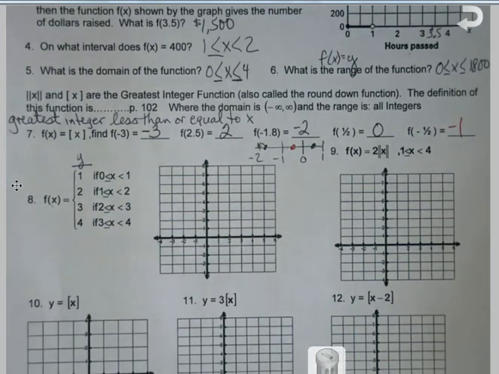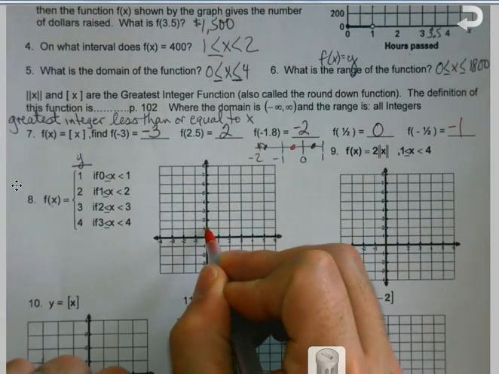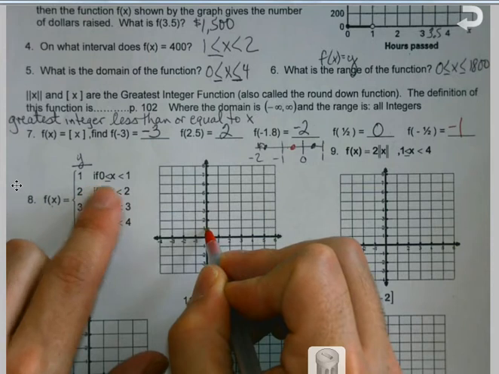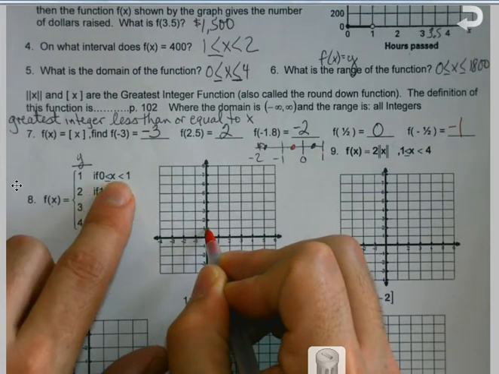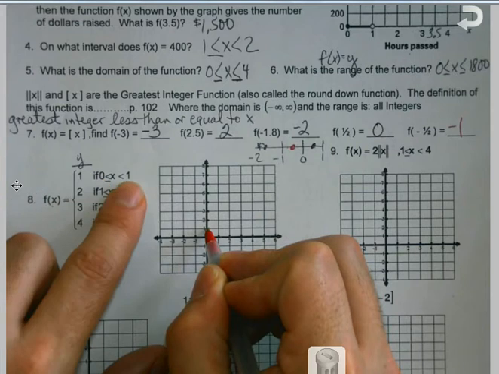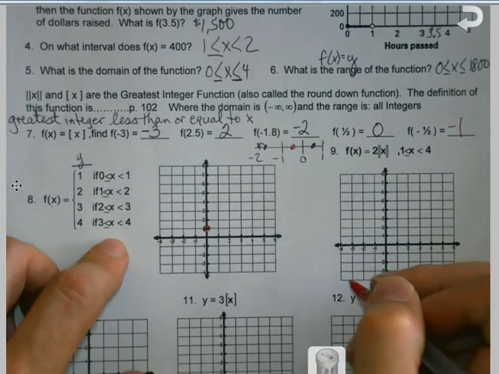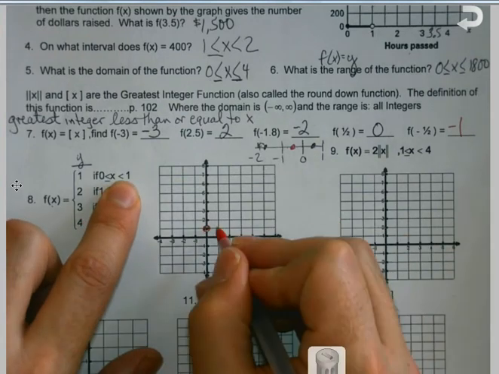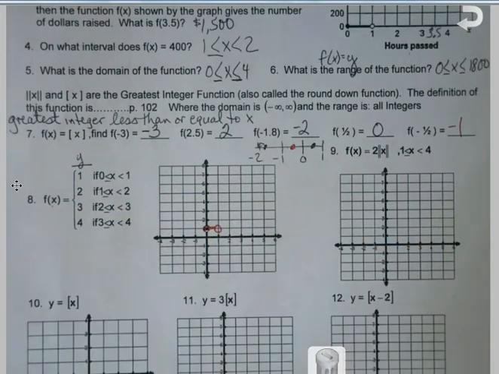So I start to look and I'm like, okay, so this first one says, my y value is 1, which would be here, if x is between 0 and 1. But again, greater than or equal to 0, but less than 1. So I would have a solid dot at 0, and I'd go till 1, and I'd have an open. And I just color in between, sort of like the ones that we had up in this story problem at the top.